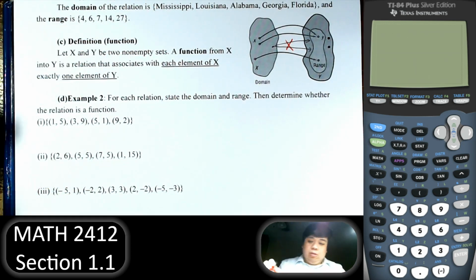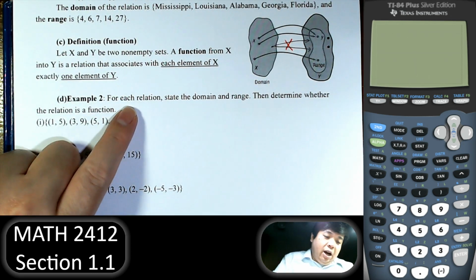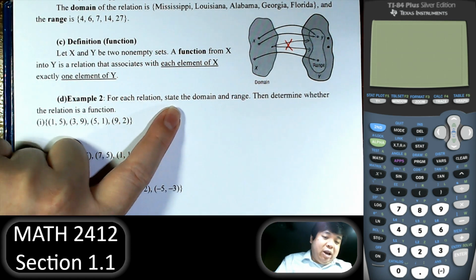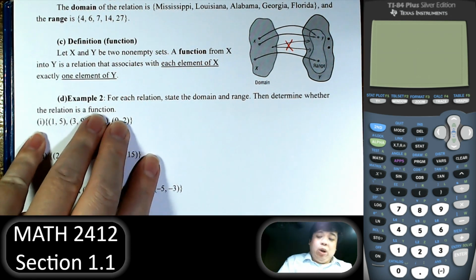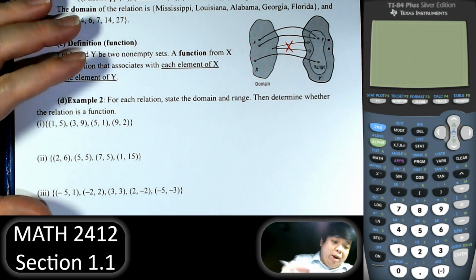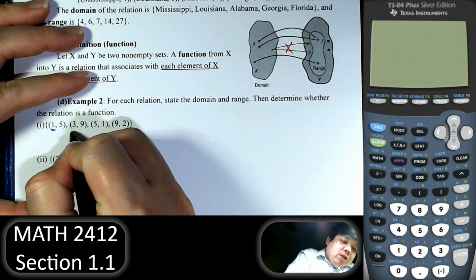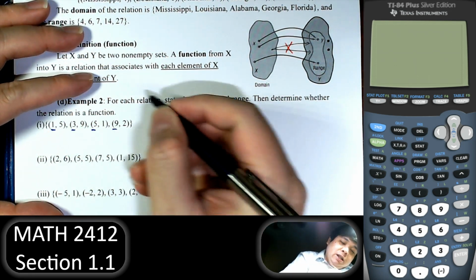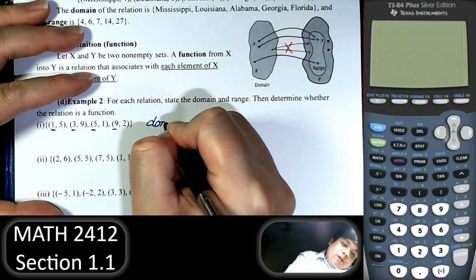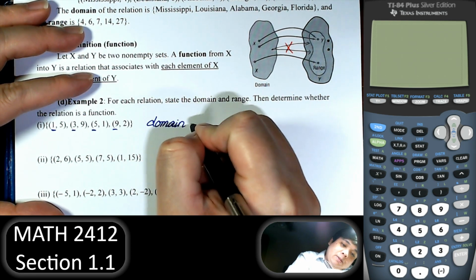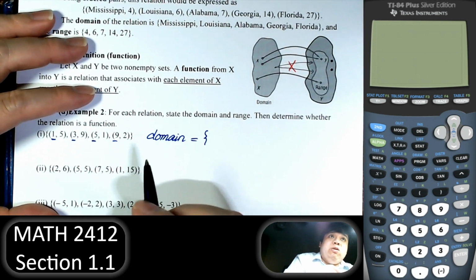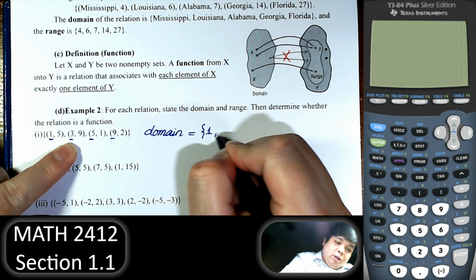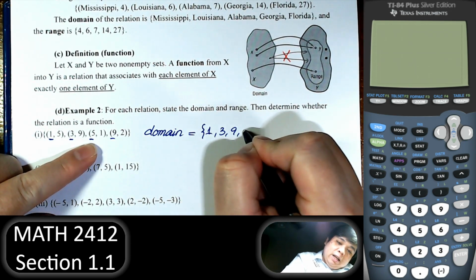So here we have some examples. For each relation, state the domain and range and determine whether the relation is a function. The domain is the set of all the first components. So the domain for this function is the set of all the first components: 1, 3, 9, and 2.